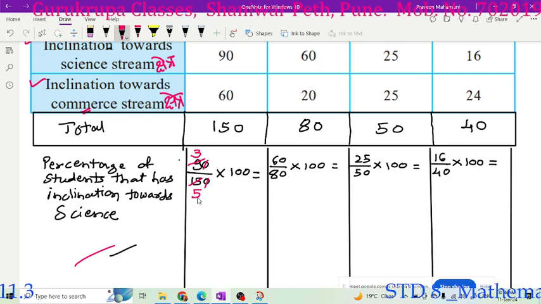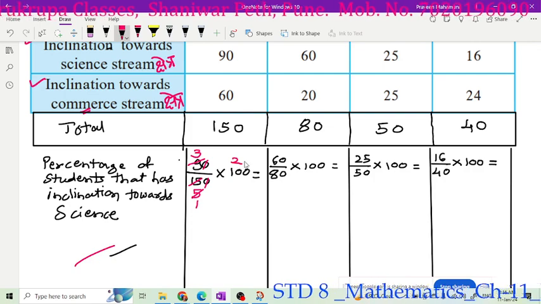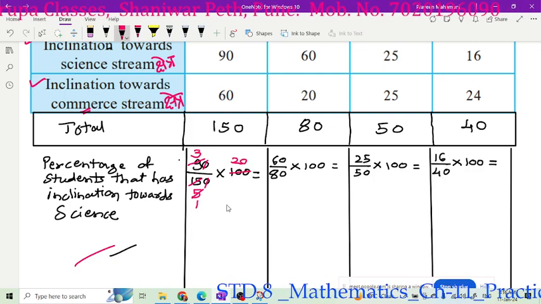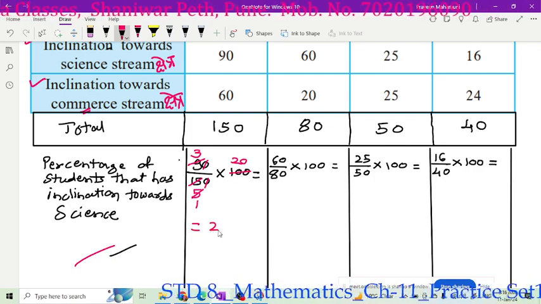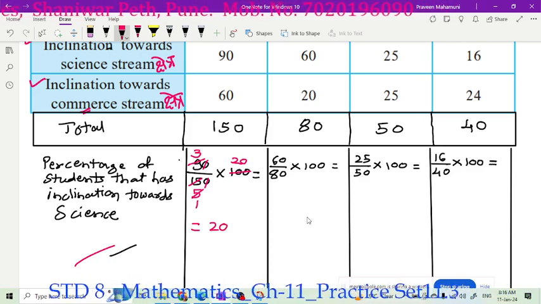Now 5 are 100. 5 1s are 5, 5 2s are 10. So here we get the answer: 20% of the students want to join science.